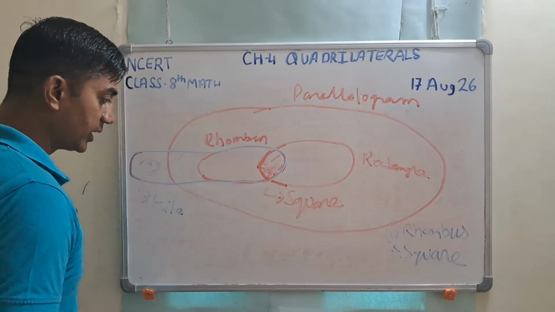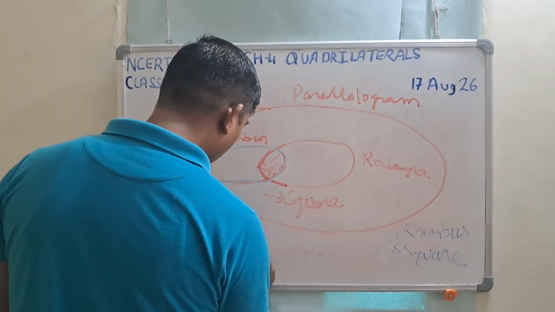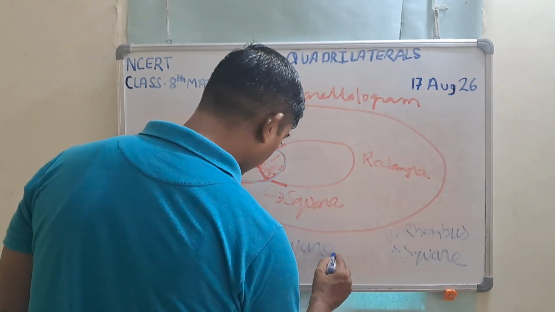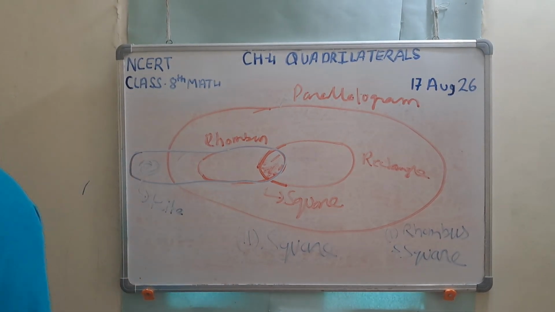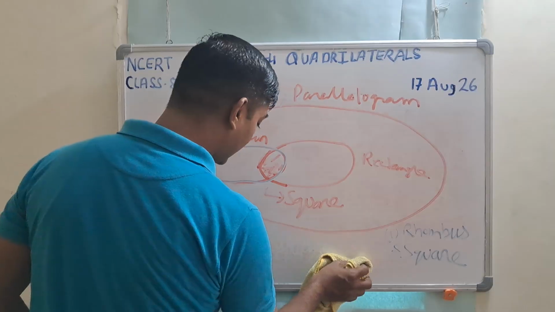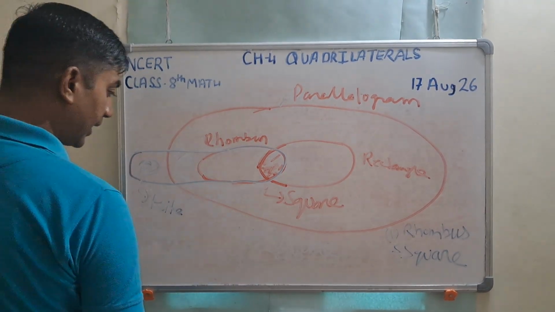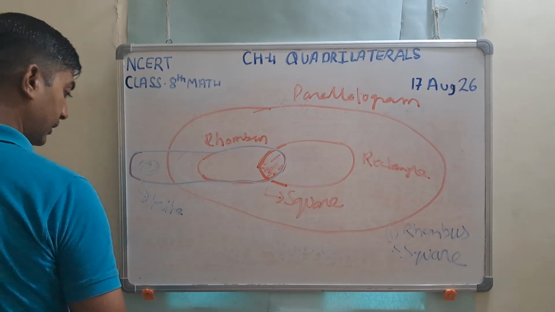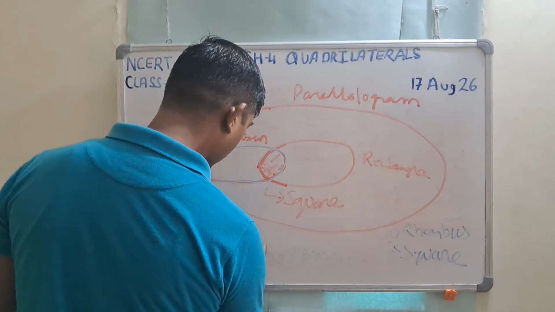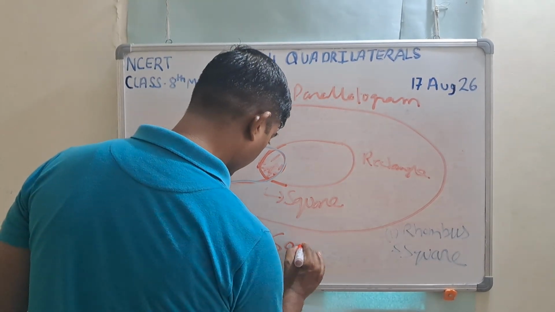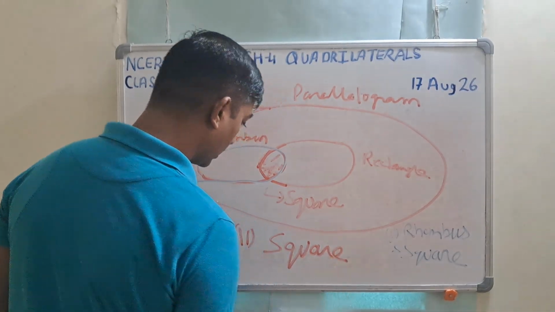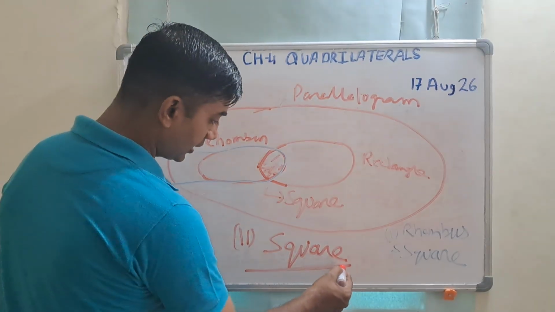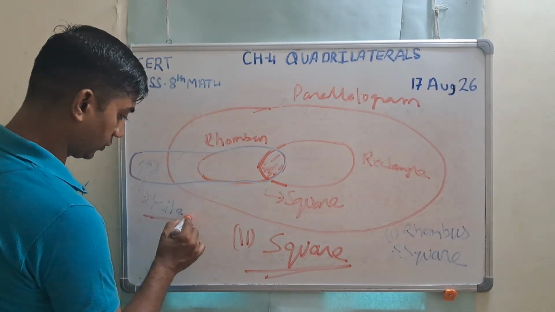So answer number 2 is square, because square is a rectangle as well as a kite also. Understood?